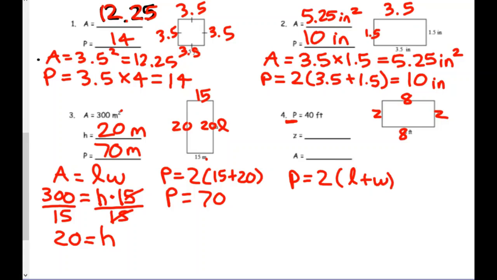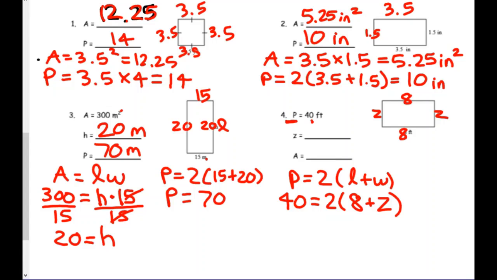So let's plug in what we know. P is 40. Length plus width is 8 plus Z. Make sure your Z looks like a Z and not a 2, okay? So you're thinking 8 plus what times 2 is 40, okay?